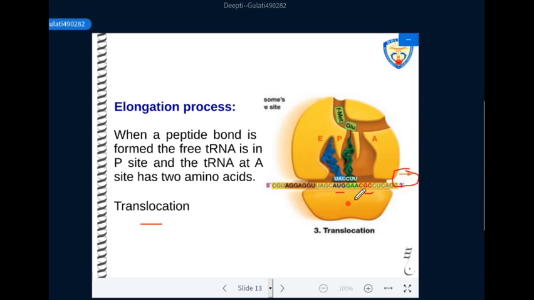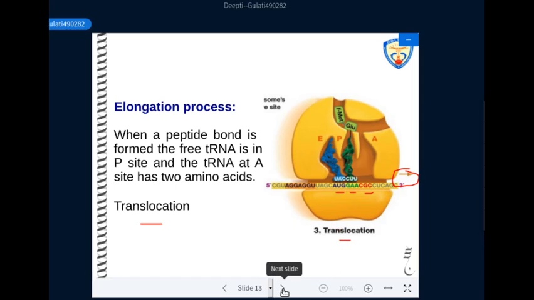The codon which was originally in the A site is now in the P site along with the tRNA, and that tRNA has 2 amino acids attached. The tRNA that was originally in the P site is now in the E site. This is an initiation codon AUG, and this movement is known as translocation.